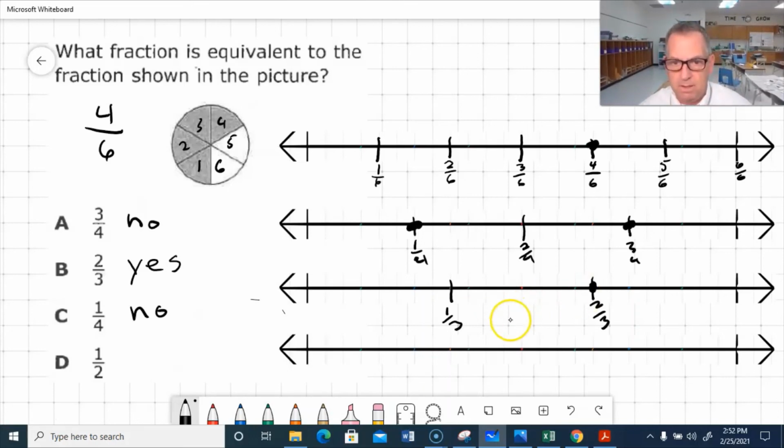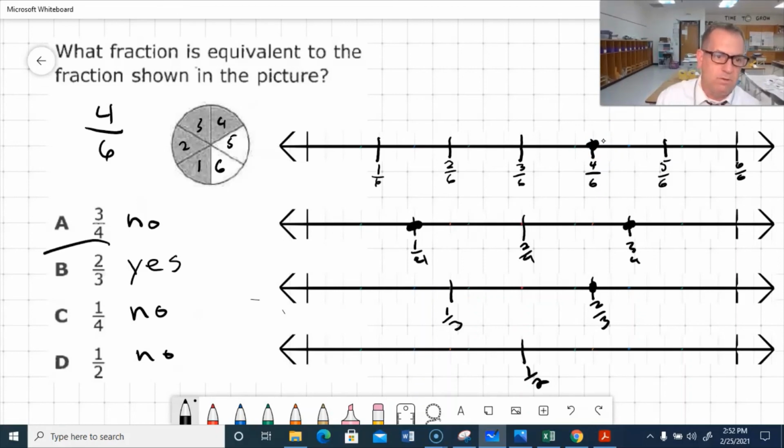Okay, I got my last number line down here. And I can break that one right in half. So that would represent 1/2. And you can see that 1/2 is not equal to 4/6, so that would be a no. So my correct answer would be B, 2/3 is equivalent to 4/6.